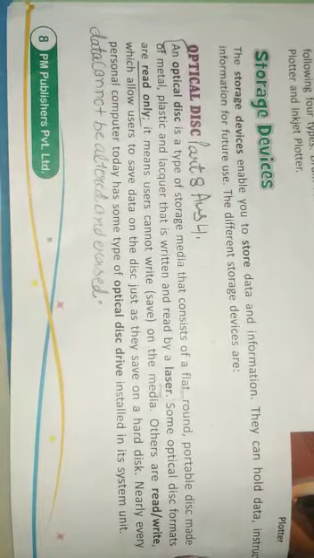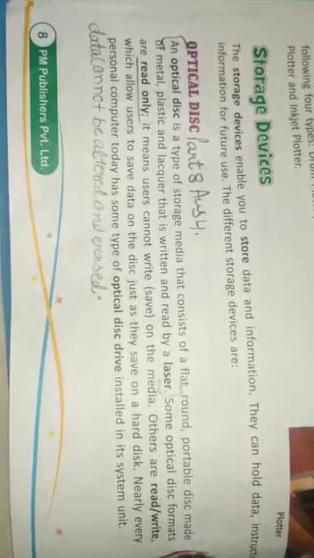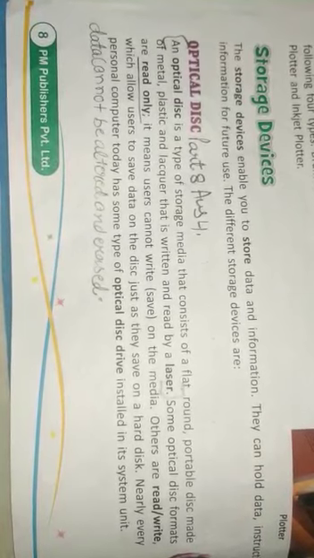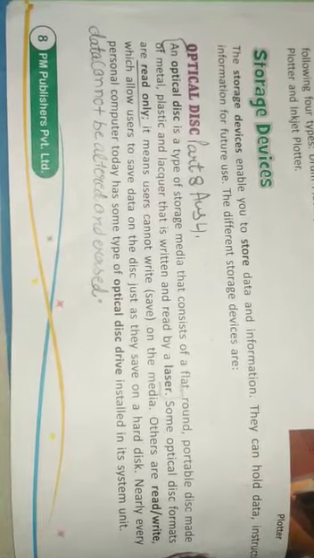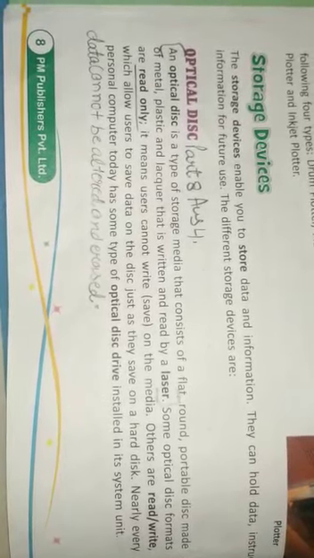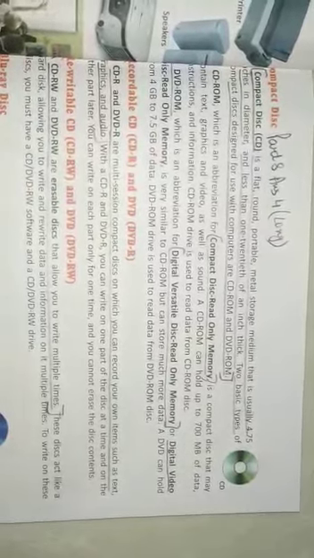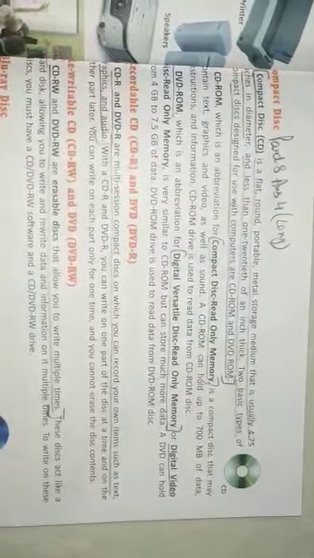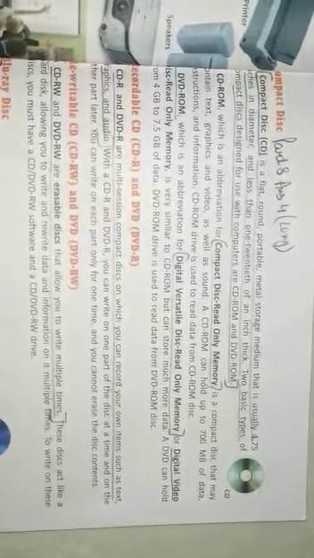An optical disc is a type of storage media that consists of a flat, round, portable disc made of metal, plastic, and lacquer that is written and read by a laser. After this, you have to make the heading as compact disc and give the explanation of compact disc.